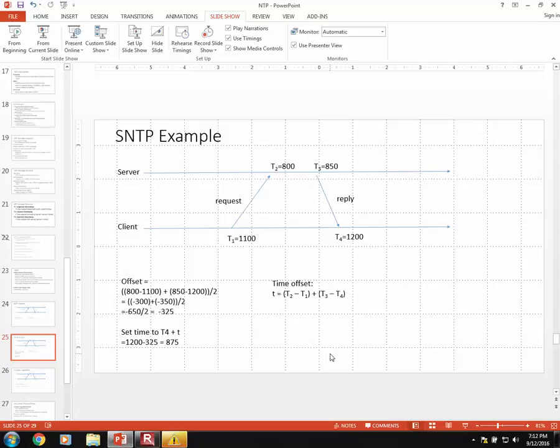So now you basically take your final time and you subtract from it your offset, and now you have a time of 875, and based on our knowledge of how long this takes, that 875 at time T4 should correspond to the time 875 on the server.